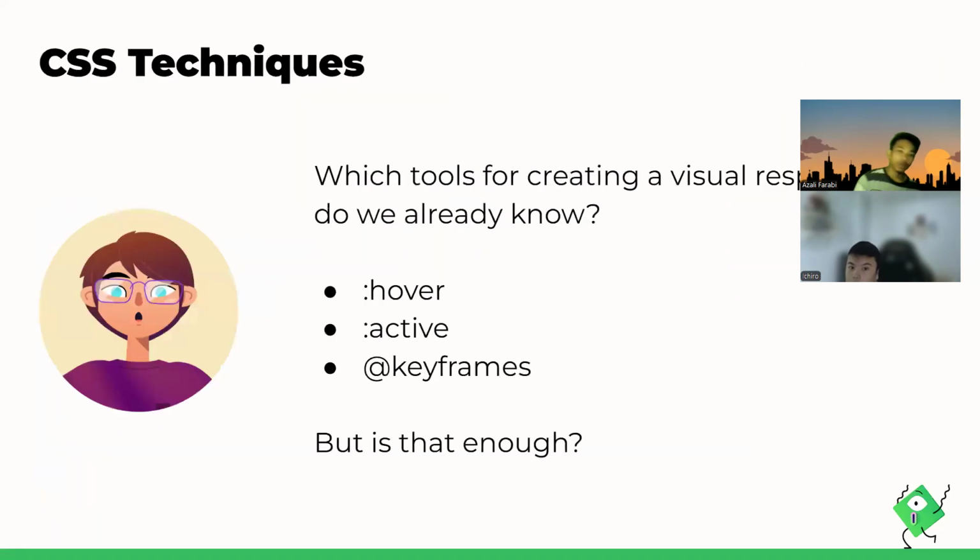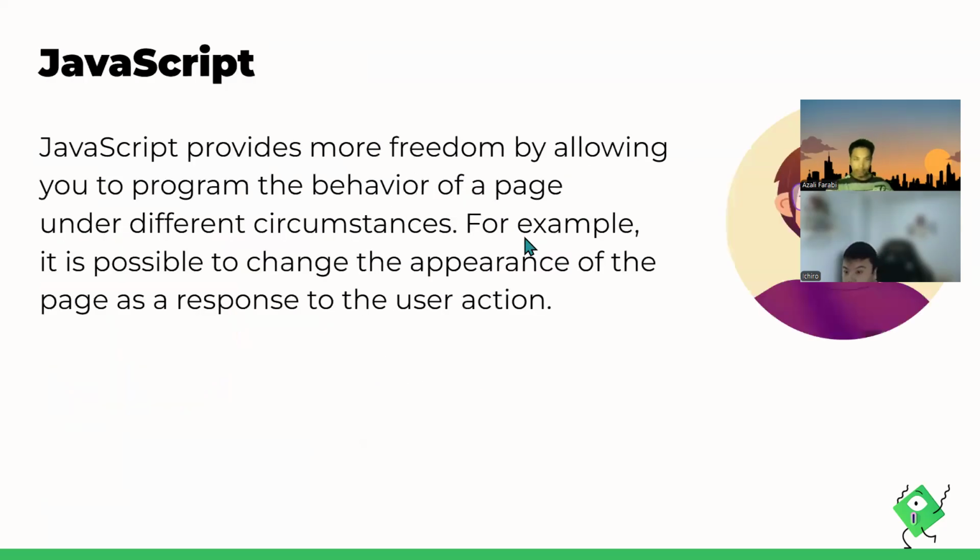Now, one of the things that we have implemented in our website is hover, active, and keyframes. This comes from the CSS language, which means that we already implement dynamic stuff using CSS. Now, what does JavaScript do then, Ichiro?